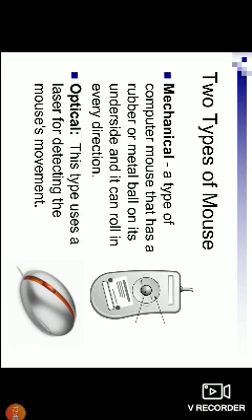Next one is optical. This type uses a laser for detecting the mouse movement. In this optical mouse there is a laser light, and using this laser light, the computer can detect the mouse movement.